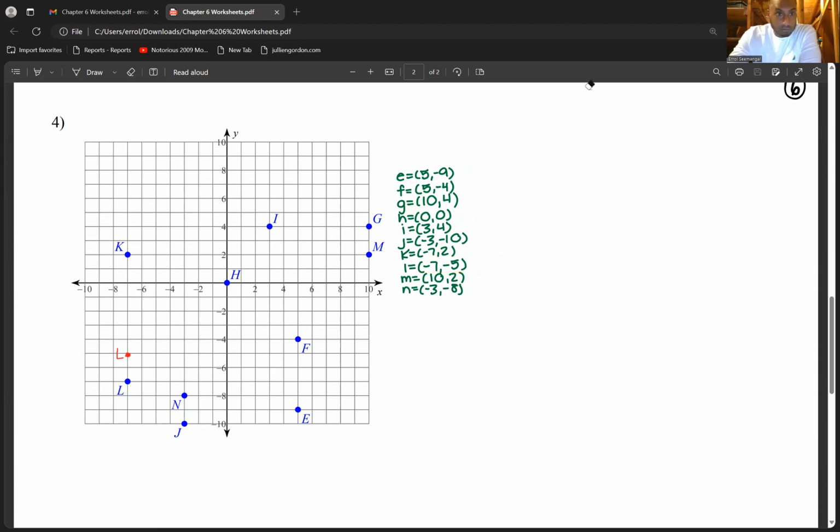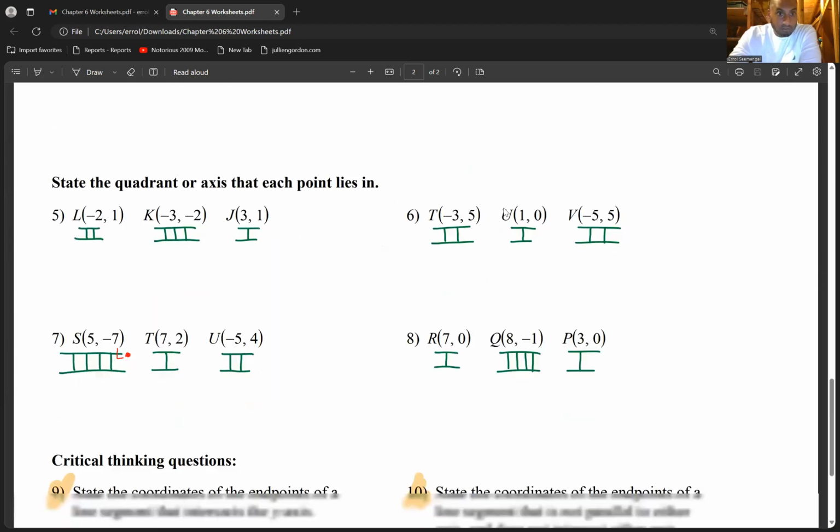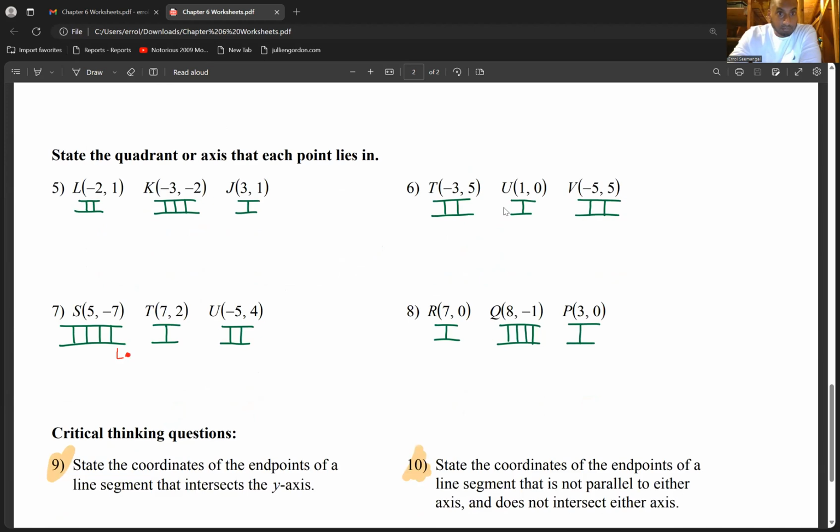All right, 5. State the quadrant or axis that each point lies on. Okay, so what does a quadrant mean? What's this word mean right here? And what does this word mean?